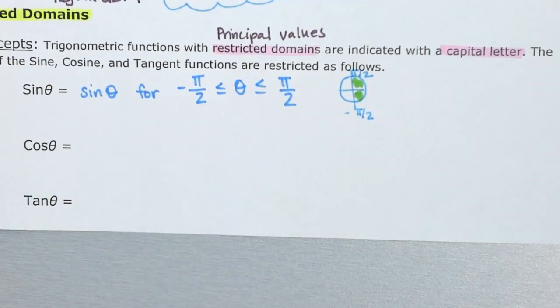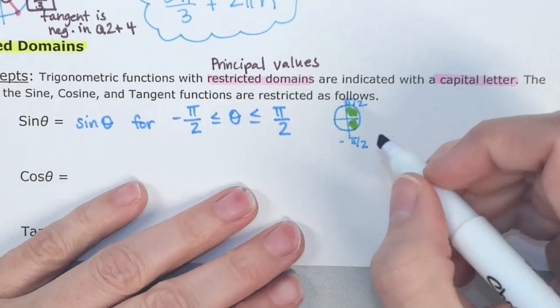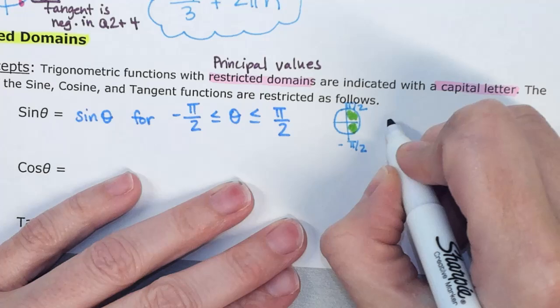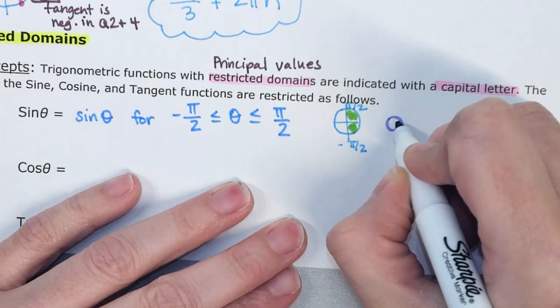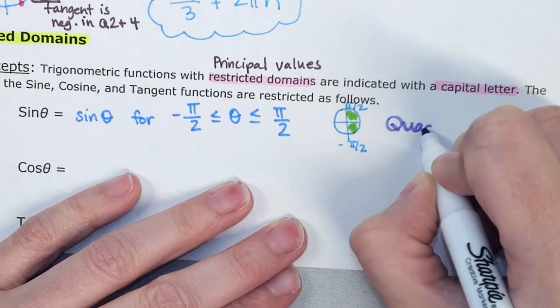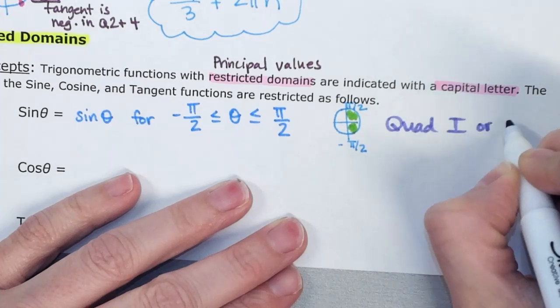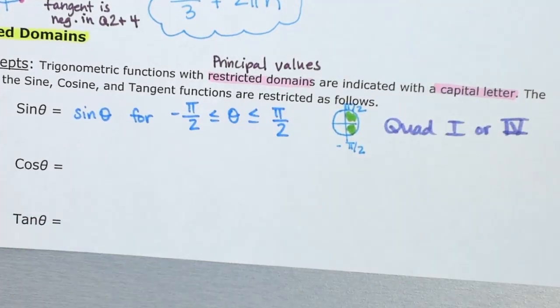Okay, so that means that your values have to be in quadrant 1 or quadrant 4. Okay, quadrant 1 or quadrant 4.